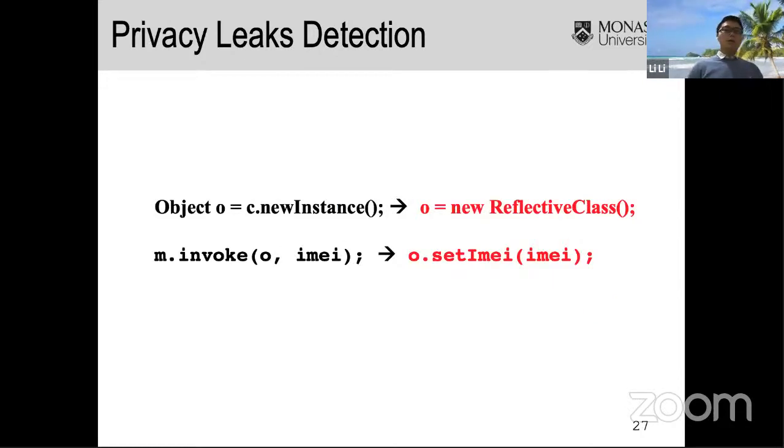Some examples of Java reflection are shown here, very simple examples, like the reflection code could say dot newInstance, which actually means the code behind is to initialize another class here, and the reflectively called invoke method actually stands for another method. Like in this example, a very simple example is called like setIMEI, for example, right?